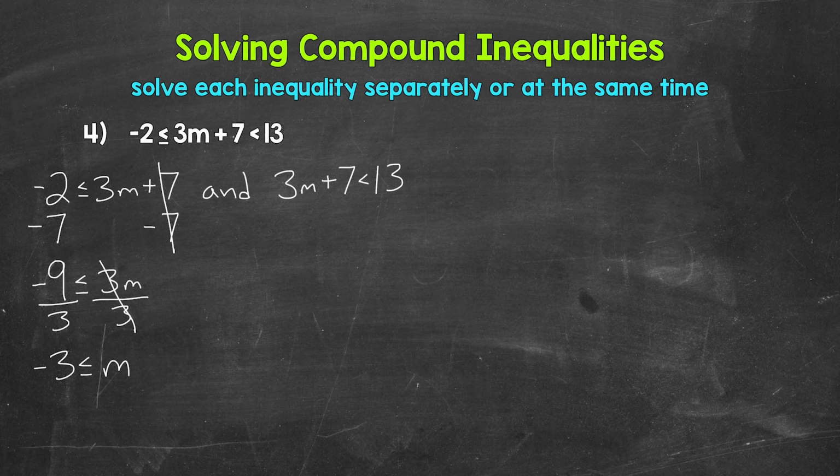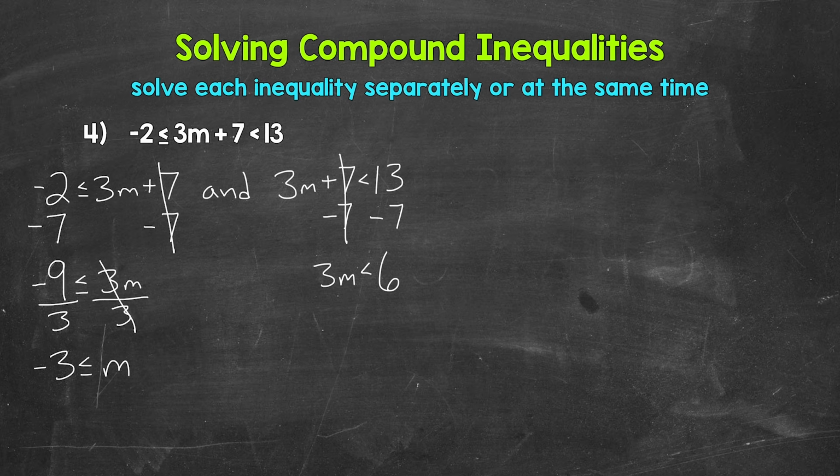Now we need to solve 3m plus 7 is less than 13. So we need to undo that addition first by subtracting 7 from the left side, and then subtracting 7 from the right side as well. These 7's cancel each other out. So we have 3m is less than, and on the right, 13 minus 7 gives us 6.